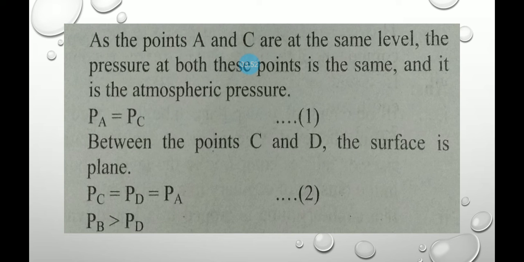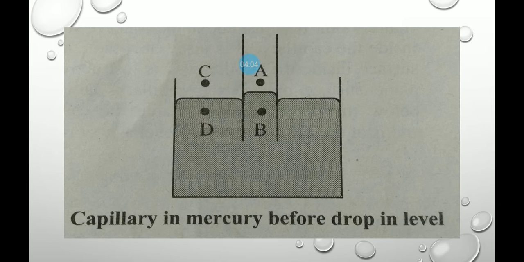As points A and C are at the same level, the pressure at both these points is the same, and it is atmospheric pressure, that is PA is equal to PC. Between points C and D, the surface is plane. Therefore PC is equal to PD is equal to PA. Therefore, PB is greater than PD.